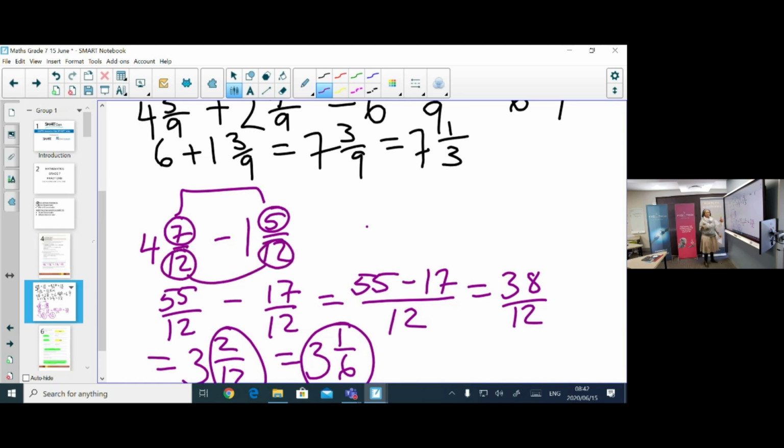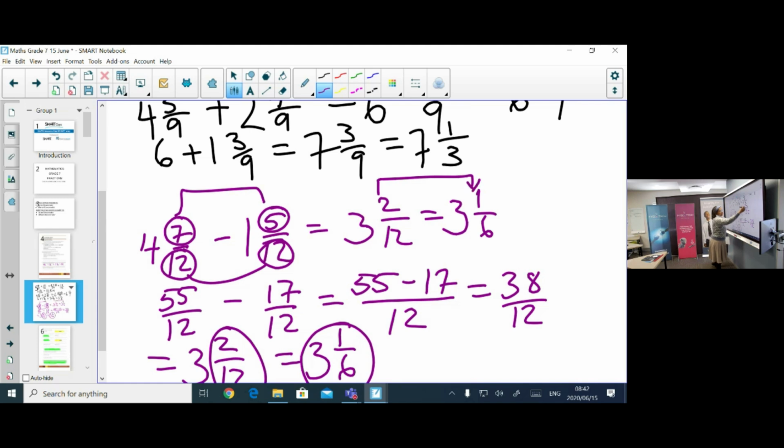Then you can subtract and make it a shortcut, whereby you say 4 minus 1 is a 3, 7 minus 5 is a 2 out of 12, and that is a 3 and 1 over 6. Remember here you are simplifying or making them to the least fraction that you can write.